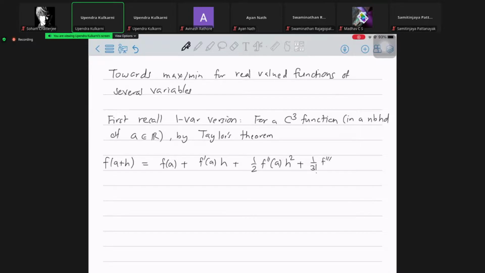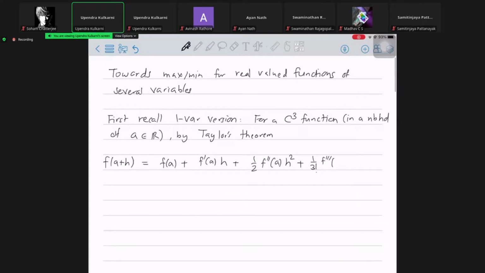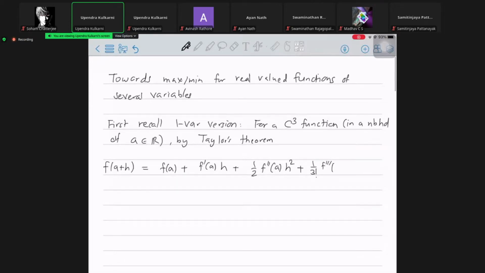It's a C3 function, so we can write this term. What is the error term? It is f triple prime not at a, but at some point between a and a plus h. Exactly which point is not really important.